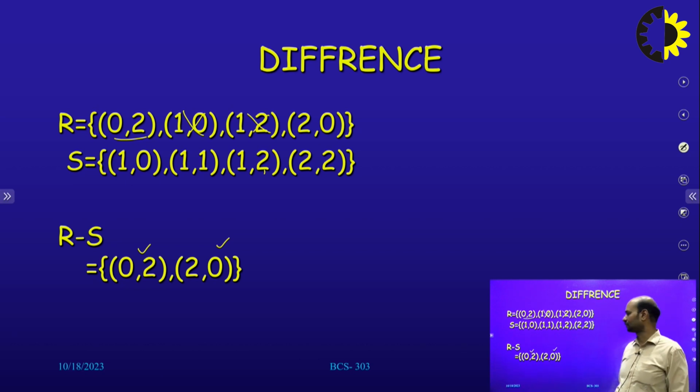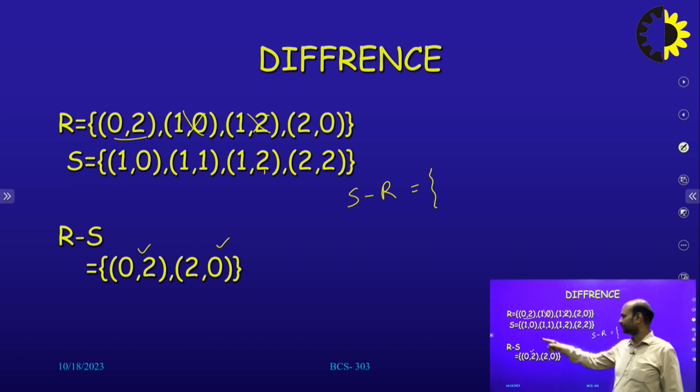We can also calculate S minus R, the set of all ordered pairs which are present in S but not in R. So, what is the value of S minus R? 1 comma 0 is already present in R, so we skip this.